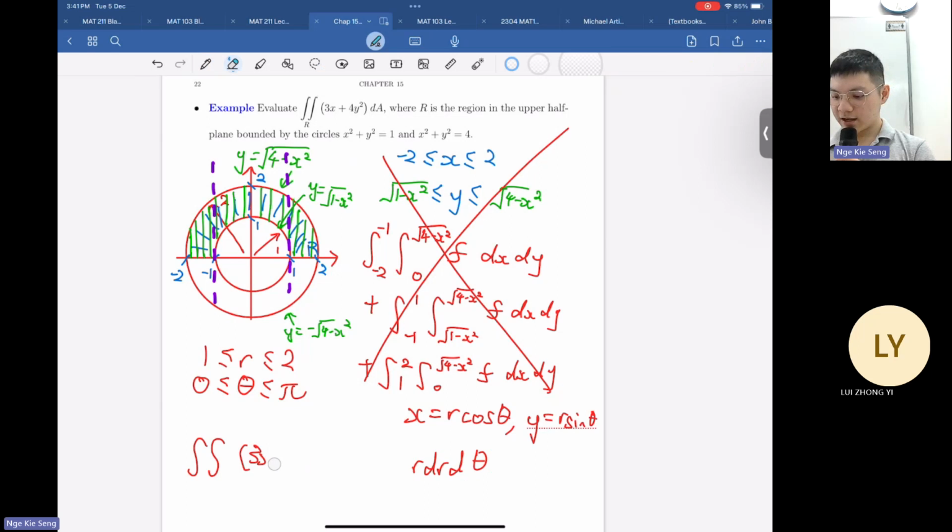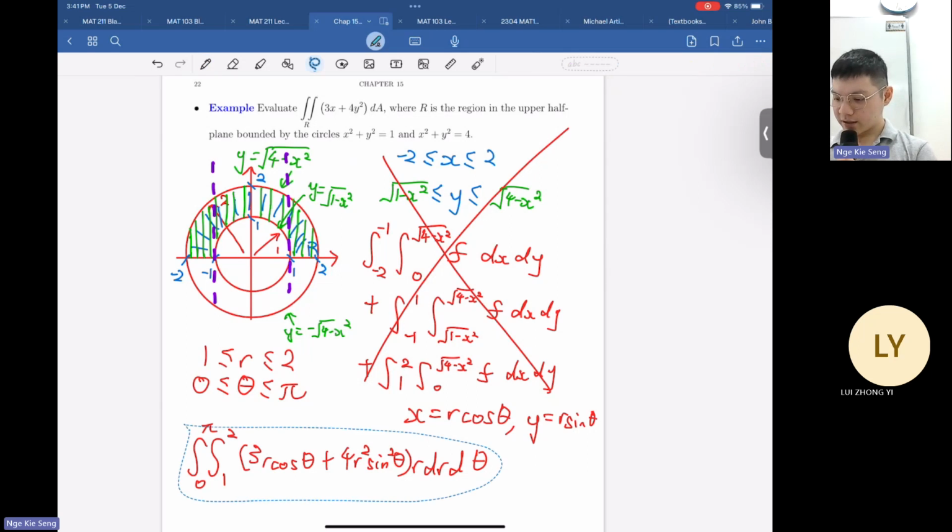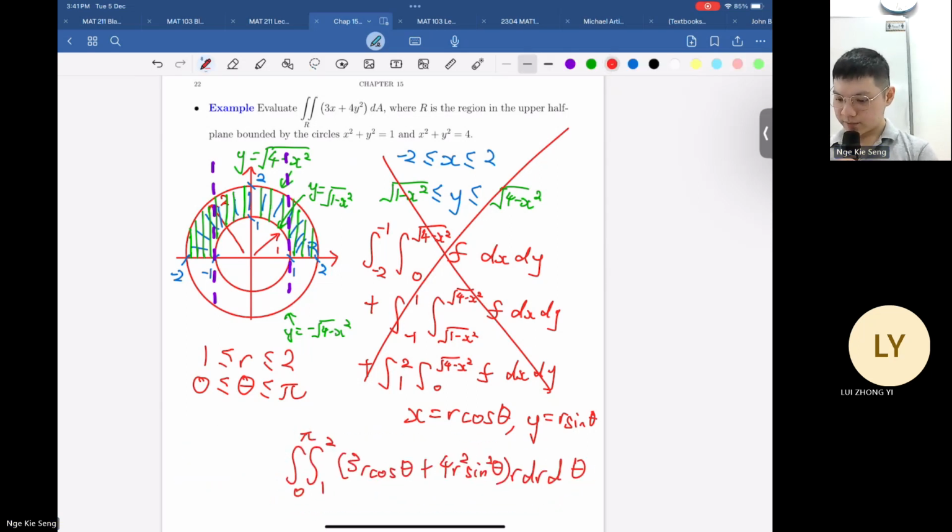So it becomes 3 times r cos theta plus 4 times r squared sine squared theta. Then integrate r first, so r is from 1 to 2, and then theta is from 0 to pi. So my double integral becomes the double integral in polar form.